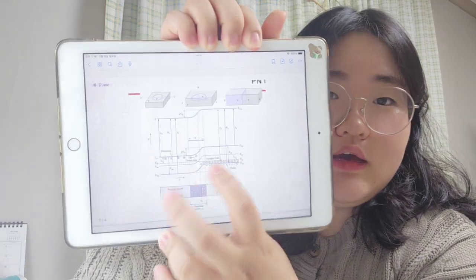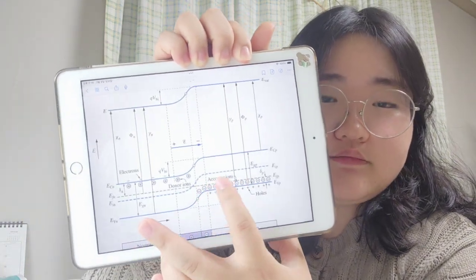Because the Fermi level of the semiconductor is constant in the equilibrium state, when we contact these two types of semiconductors closely, we get an energy barrier like this. Because of this barrier, the electrons on one side can't move to the other side.